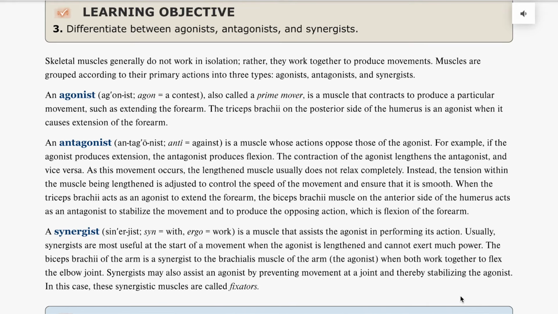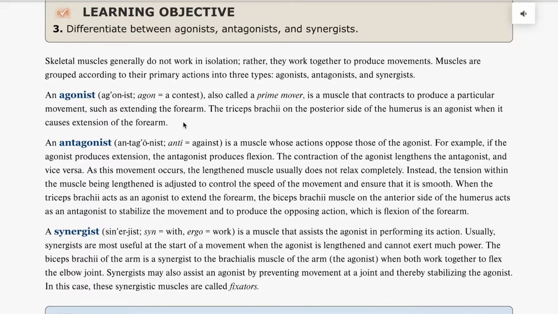All right, next, I'd like to go over a term called the agonist. The agonist, as you can see here, is called the prime mover, which means when we are talking about an action in the body, the agonist is going to describe or be assigned to the muscle that performs that action.